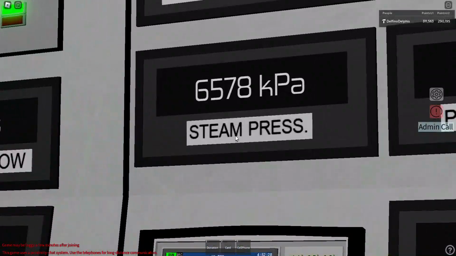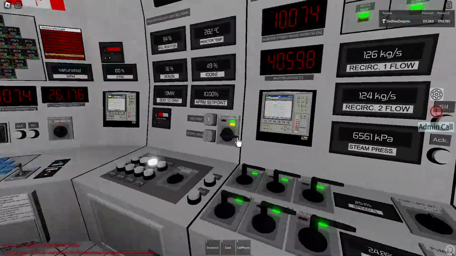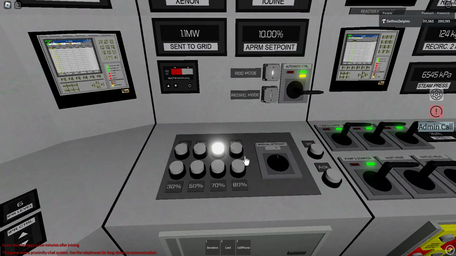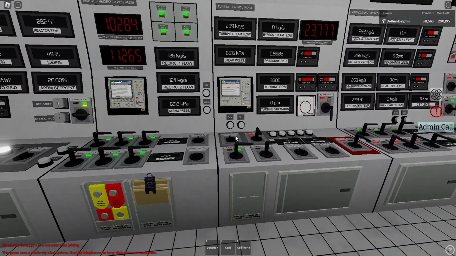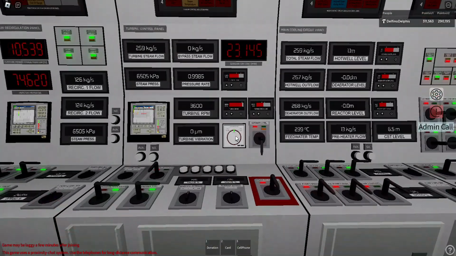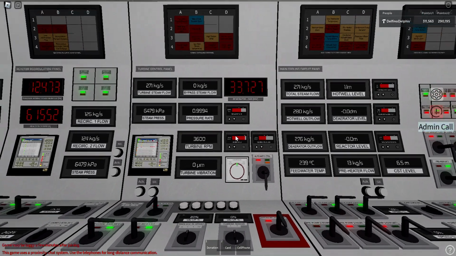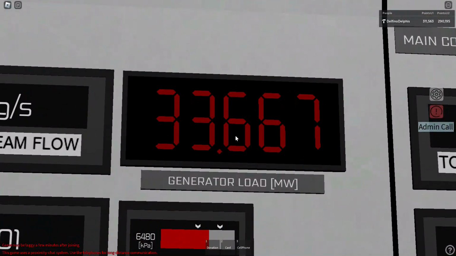So now the pressure is just a little too low. Let me raise the power to 20%. Again reverse power. Doesn't matter because I'm raising the power now. This is the load.